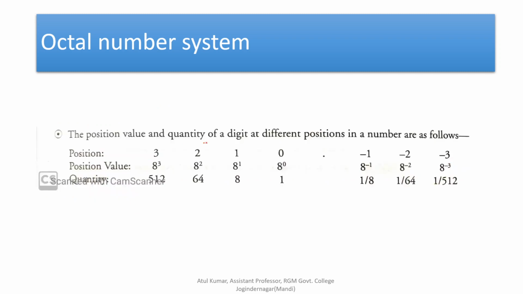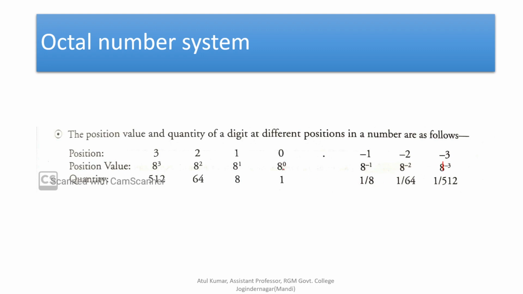So the position and quantity of digits at different positions in a number are as follows. Before the decimal point, we represent the first place at 8 raised to power 0, the second at 8 raised to power 1, the third at 8 raised to power 2, and so on. And after the decimal point, we represent 8 raised to power minus 1, 8 raised to power minus 2, and 8 raised to power minus 3.